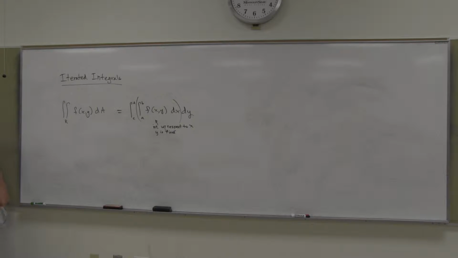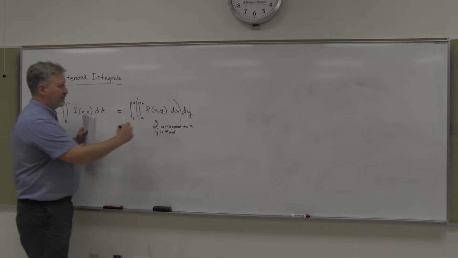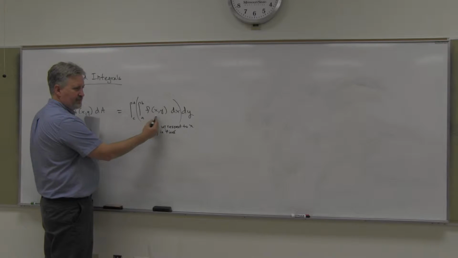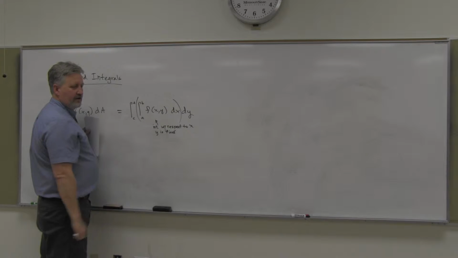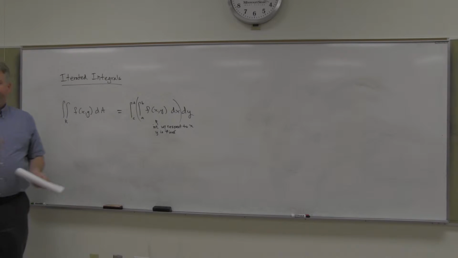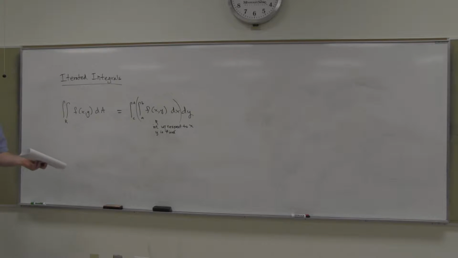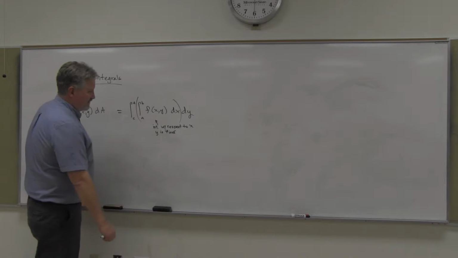Once I do that, I've got this function in two variables. I'm holding the y fixed and integrating with respect to x, which can lead to all sorts of things: power rule, u substitution, the drill.